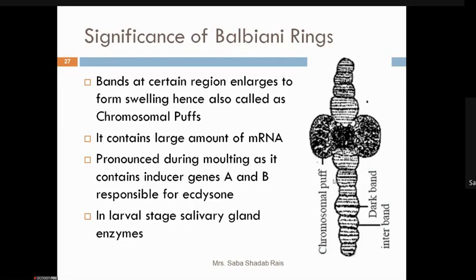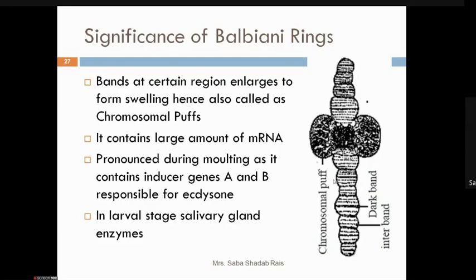Molting means they are shedding the previous skin, and there is a particular term in zoology for it called ecdysis. Ecdysis means removal of the previous skin.